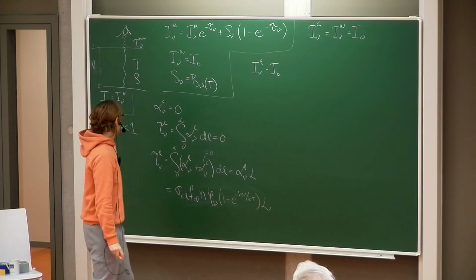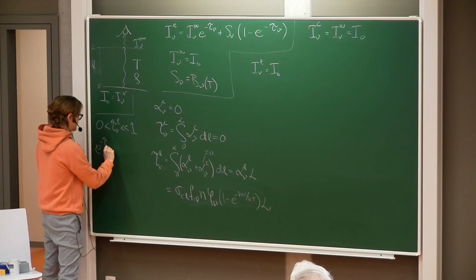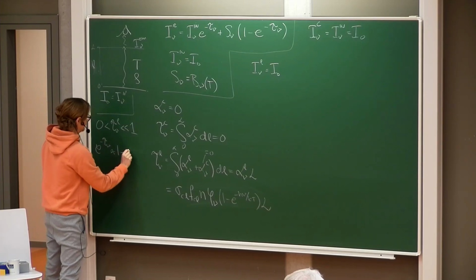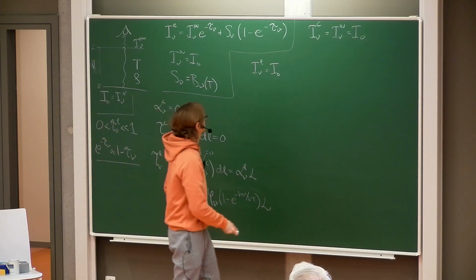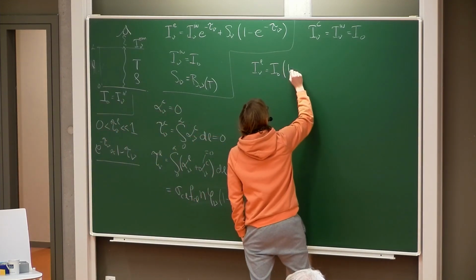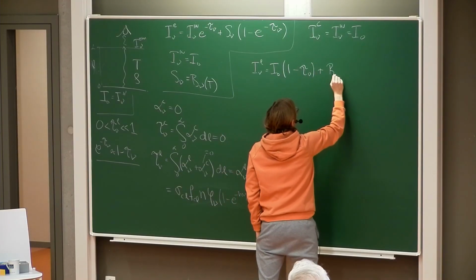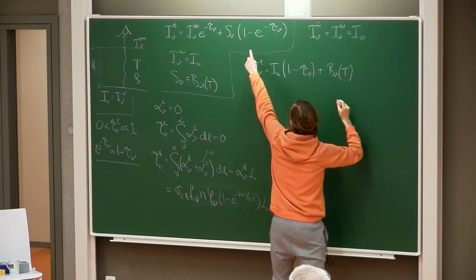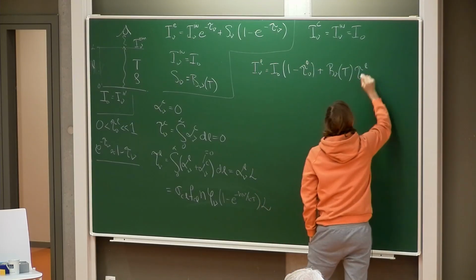And here, of course, we have to do our Taylor expansion. This is the one that we know. E to the minus tau nu is approximately 1 minus tau nu for this condition. So this is just 1 minus tau nu plus the source function B nu of T. And if I insert this there, then tau nu, and this is line now, comes out.